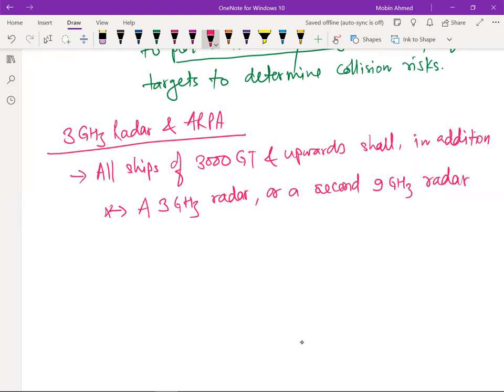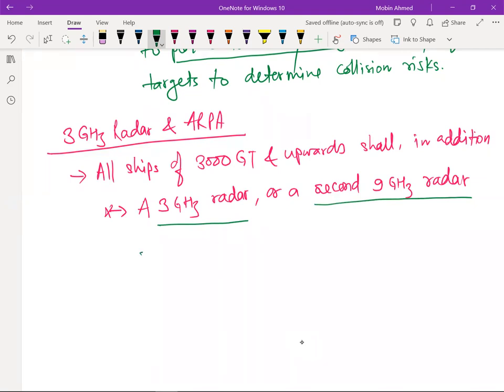You might have seen many times that a ship has two 9 gigahertz radars, and some ships have a 9 gigahertz radar and also a 3 gigahertz radar. This is the SOLAS regulation. So the 3 gigahertz radar is not mandatory. It can be substituted with a second 9 gigahertz radar.